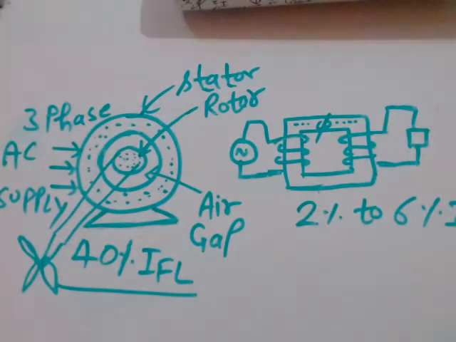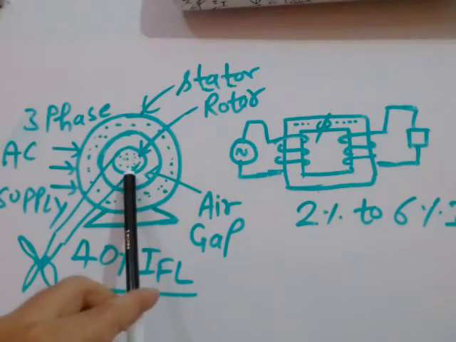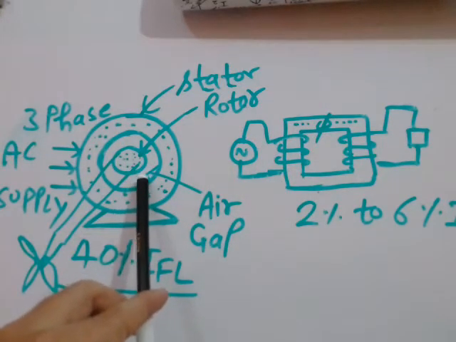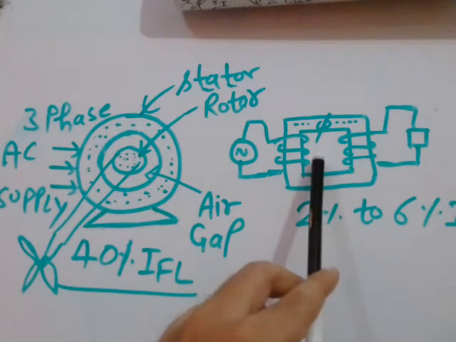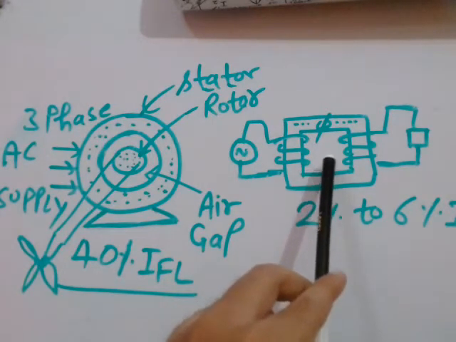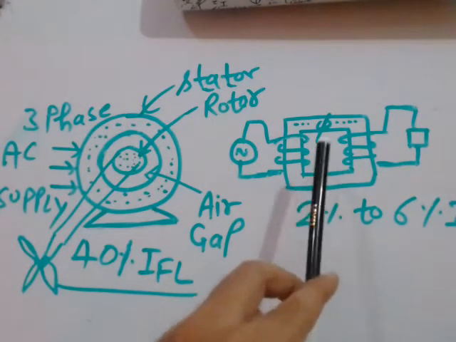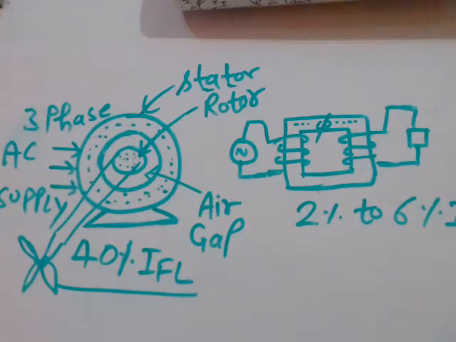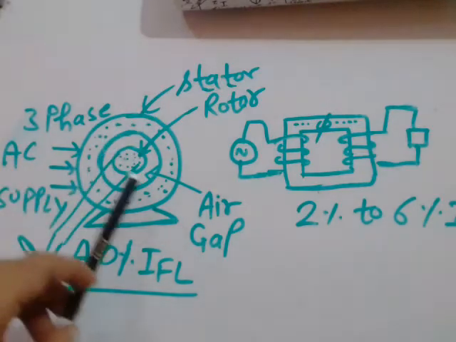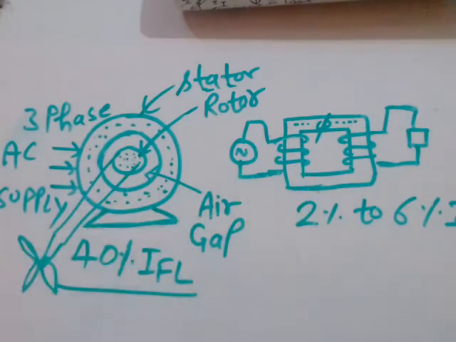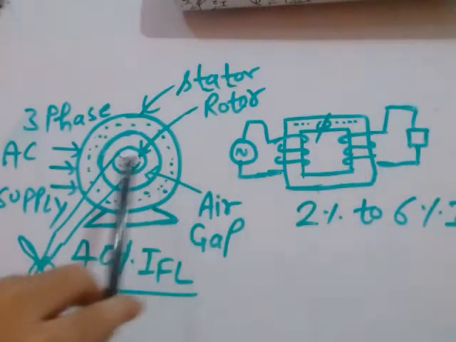So this is a rotating electrical machine. Another difference is that here you will find friction and windage loss because it's a rotating machine, but in a transformer you will not find friction and windage loss because a transformer is a static device. So these are some of the differences between a transformer and a three-phase induction motor. But the operating principle is definitely the same for both.